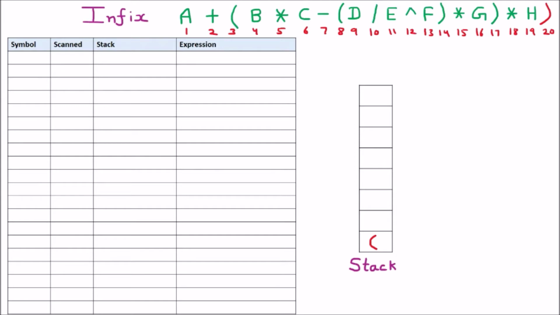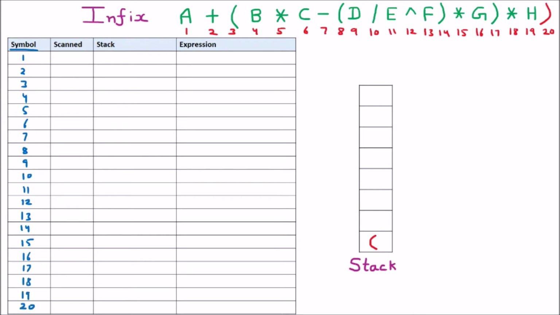That means these 20 symbols are there on which we have to work, and these symbols are part of the table. So now we are going to write this sequence in the symbol column: 1, 2, 3, up to 20.